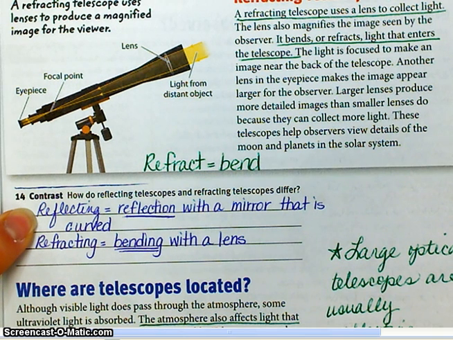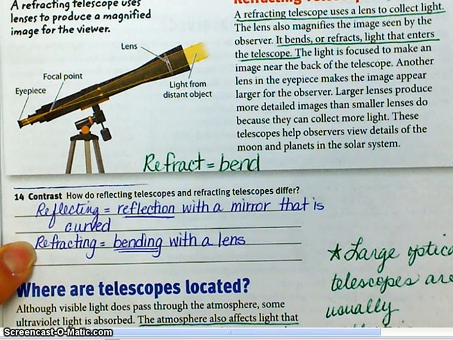Remember that a reflecting telescope uses reflection with a curved mirror, and a refracting telescope uses a lens to bend the light. But both of these types of telescopes, both reflecting telescopes and refracting telescopes, are collecting visible light that we can see with our eyes.